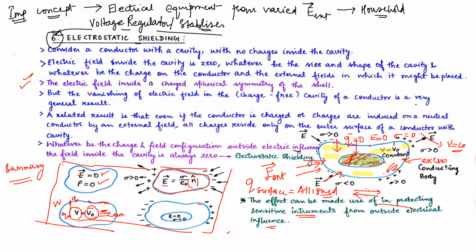Now when we deal with electrostatic shielding, we see that for any amount of charge provided on the outer surface of the conductor, no charge passes to the cavity present inside the conductor, and hence electric field and surface charge density inside the cavity are also 0. This is electrostatic shielding, which helps in protecting many sensitive electrical equipments.